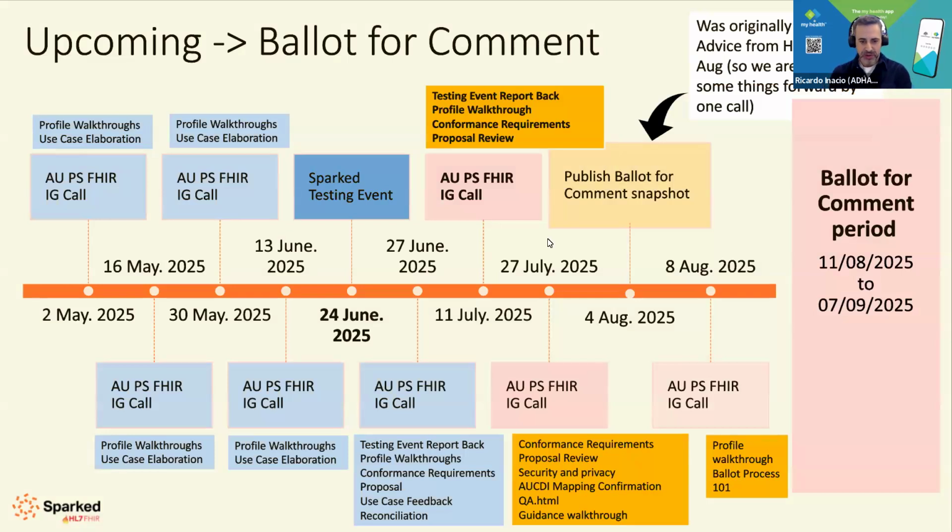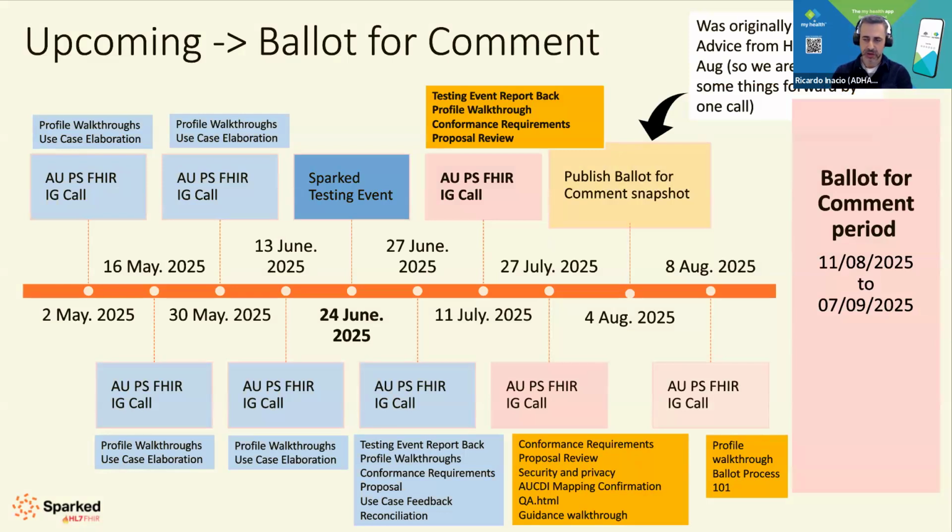So just a quick reminder of the timeframes that we're working to. Key things to call out is that we're targeting a ballot for comment period, which will run from the 11th of August to the 7th of September. And we currently have the 4th of August as a date we're planning on publishing the ballot for comment snapshot of the FHIR IG.